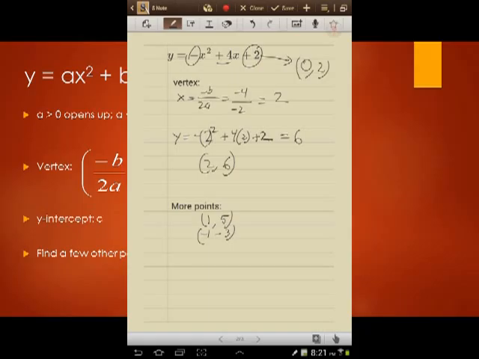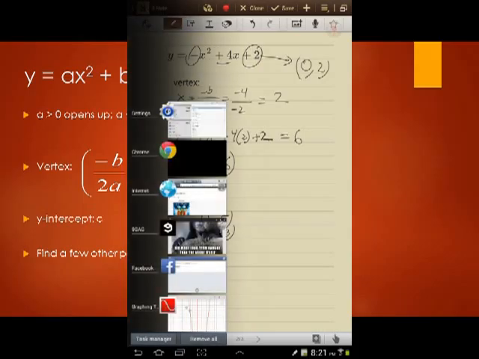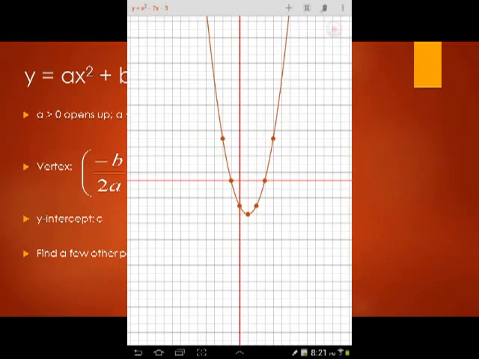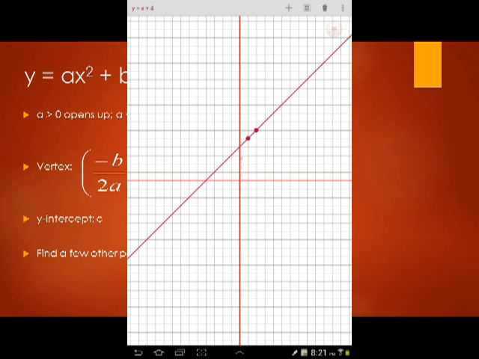Okay, so let's graph those points. 2, 6, right? 6, 1, 5, 0, 2.